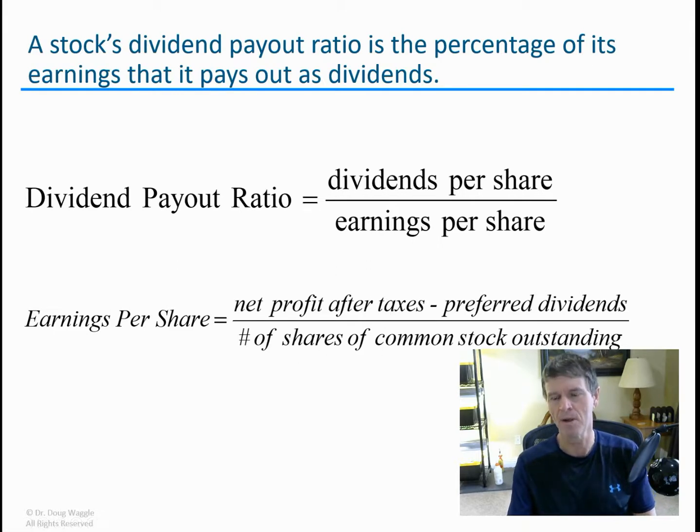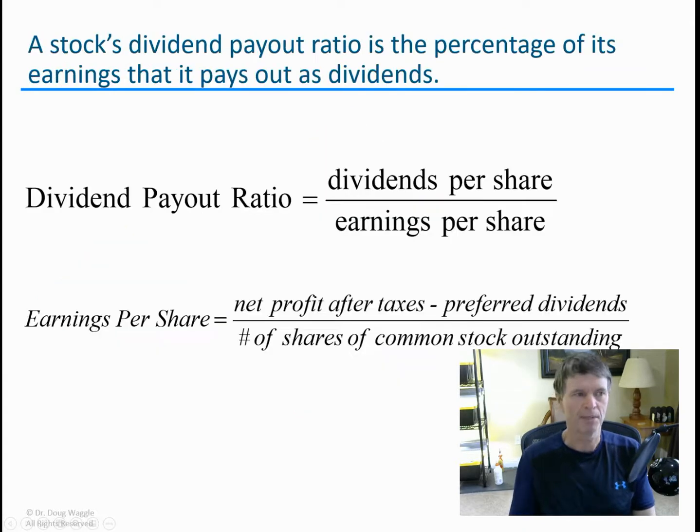Remember I said you're a part owner of the company if you buy stock? Well, your share of the income would be per share. Your per share of the income would be the total earnings of the company divided by however many shares there are out there being traded, and that gives you an earnings per share amount. You multiply that times your number of shares, and that's your piece of the earnings pie.